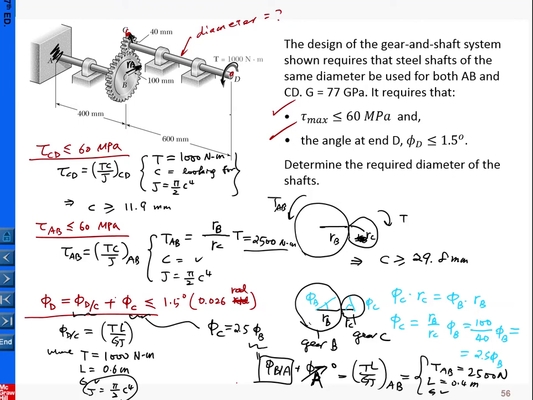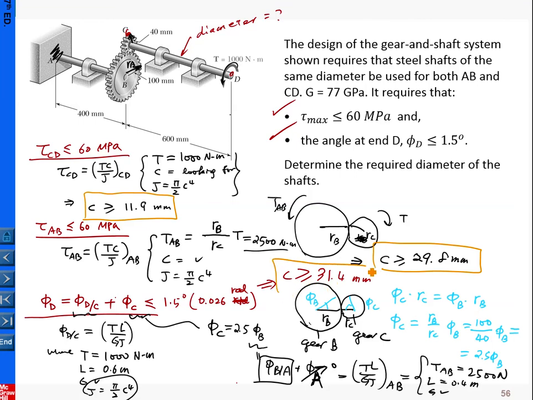So put everything together and solve, and we should find that C must be greater than or equal to 31.4 millimeters. You need to take a little time to carry out the whole calculation. Now comparing the results: C must be greater than or equal to 111.9, and 29.8, and 31.4.